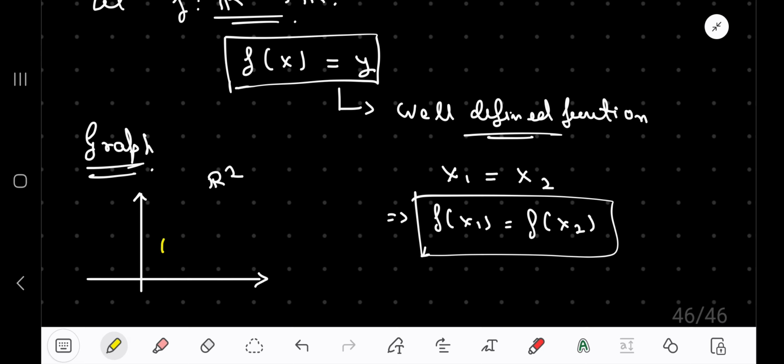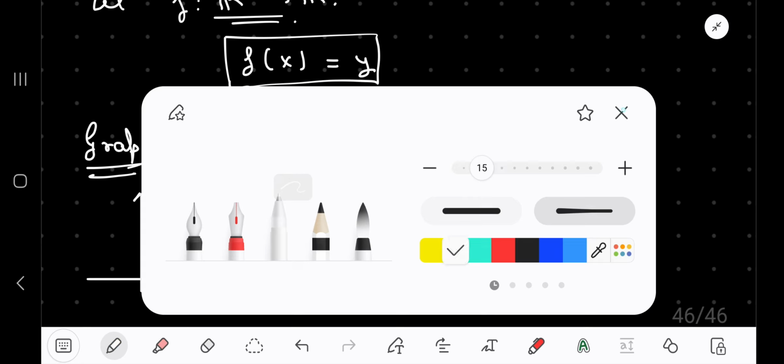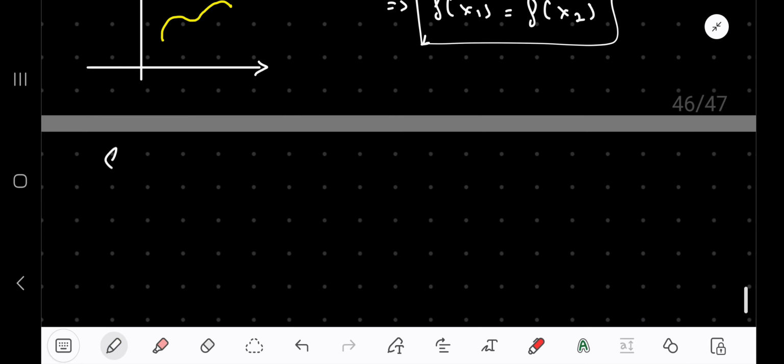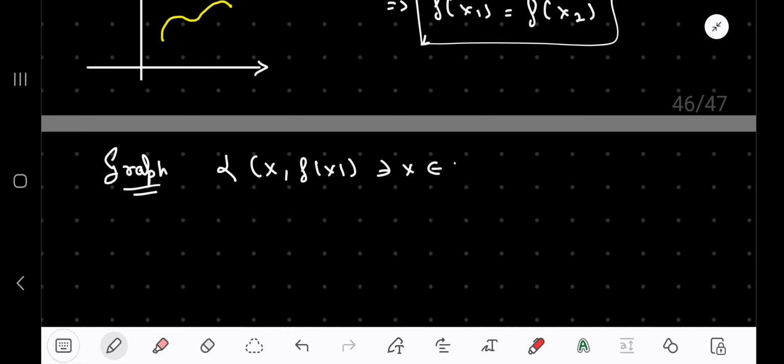So we get something of this sort, something which looks like a curve. This is what we call a graph of f, or a more technical definition for a graph: it is the collection of all the points of the form (x, f(x)) such that x comes from R.